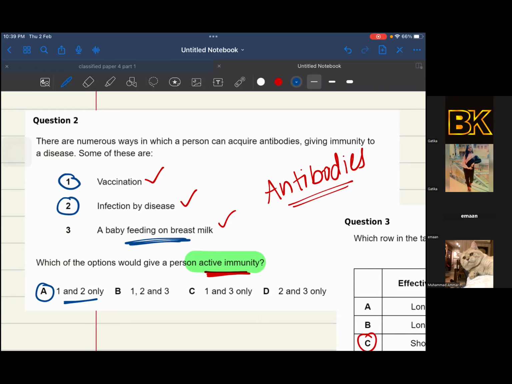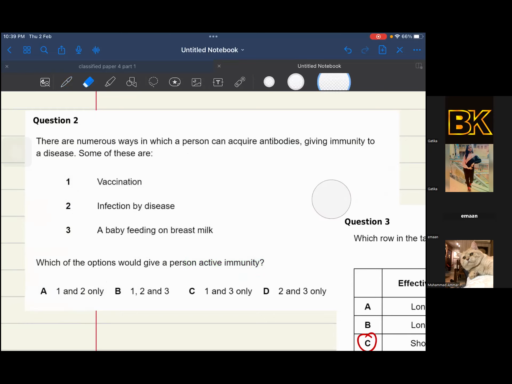Now the question asks which of the options would give active immunity, only active. Now, if you see vaccination, we are putting the weakened pathogen. Our lymphocytes are getting activated. So, as I told you before, this would be active or passive? Active.